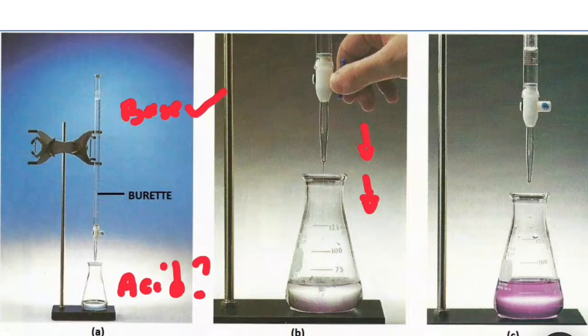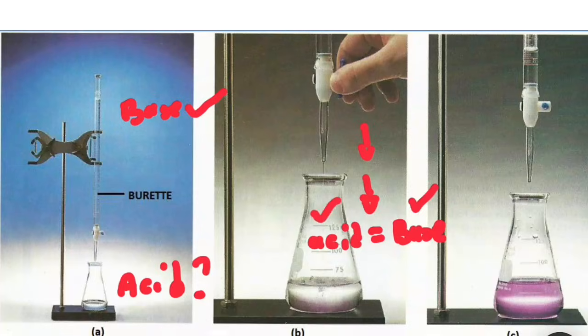So when the color of the indicator changes, we know that we have stoichiometrically equal number of moles of acid and base. We know that neutralization has occurred. So because we know the amount of base that we have poured in, we can then determine the amount of acid that should have been in the beaker to begin with. That is what titration helps us with, right?